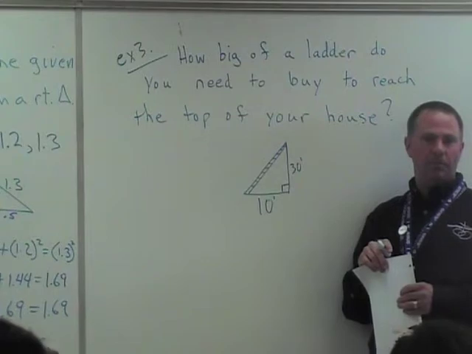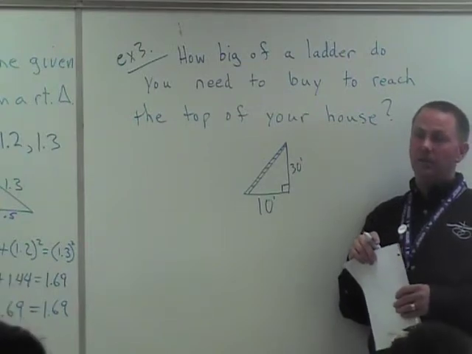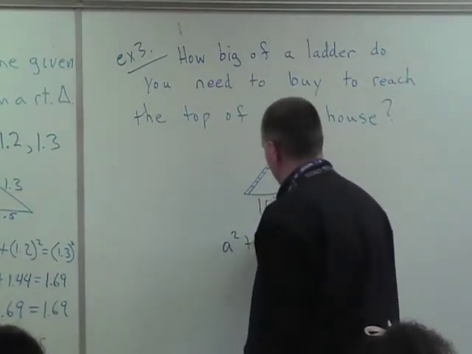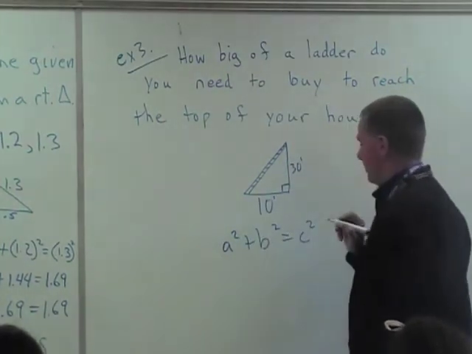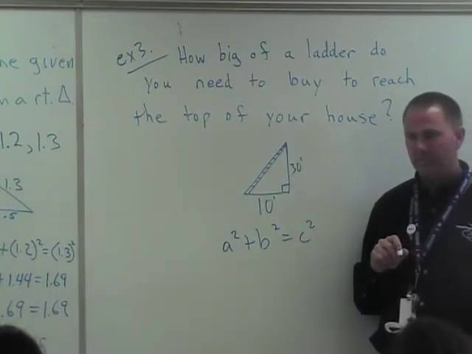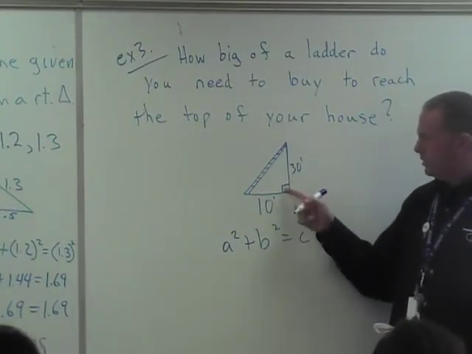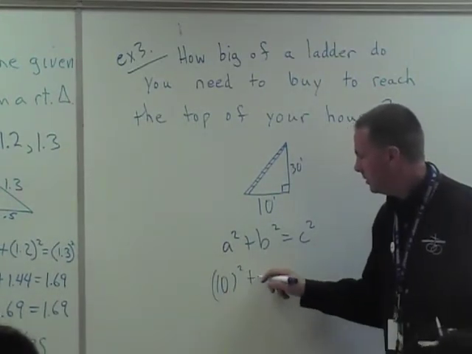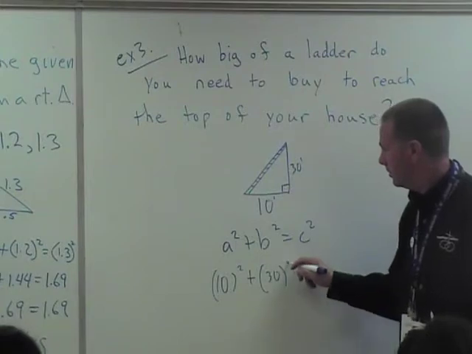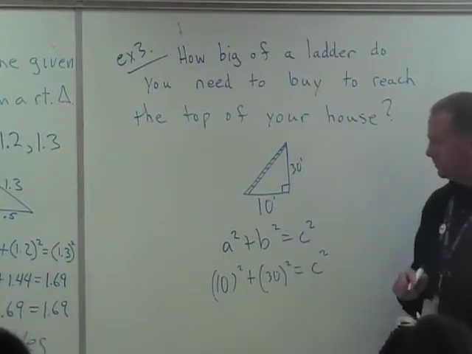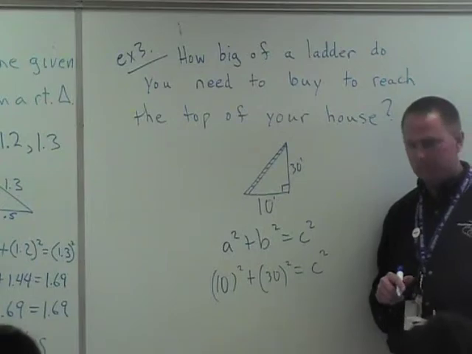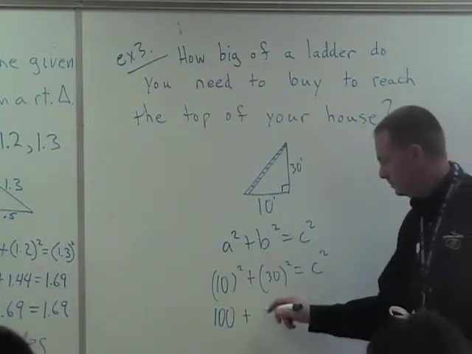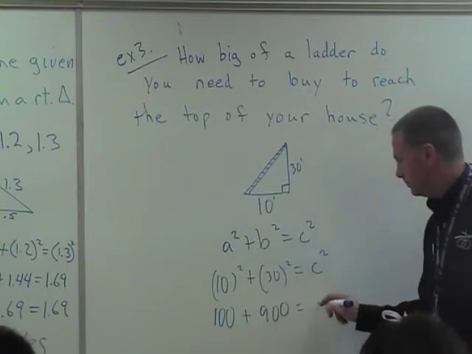How do you do the problem? First you need to write down the Pythagorean theorem. Then you need to write 10 squared plus 30 squared. These are your legs because they're attached to the 90-degree angle. Then 10 squared equals 100, and 30 squared equals 900, and you add them together and it equals 1,000.